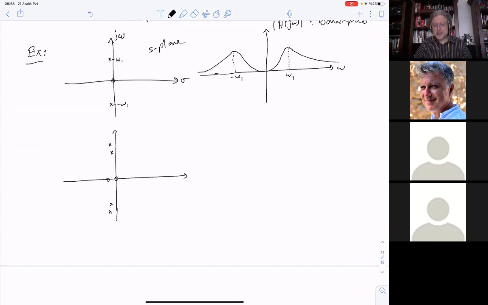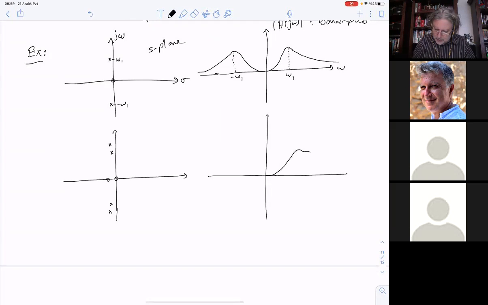So this is also an S-plane, and correspondingly, I strongly believe that according to my experiences, this will look like this. So this one was incorrect.